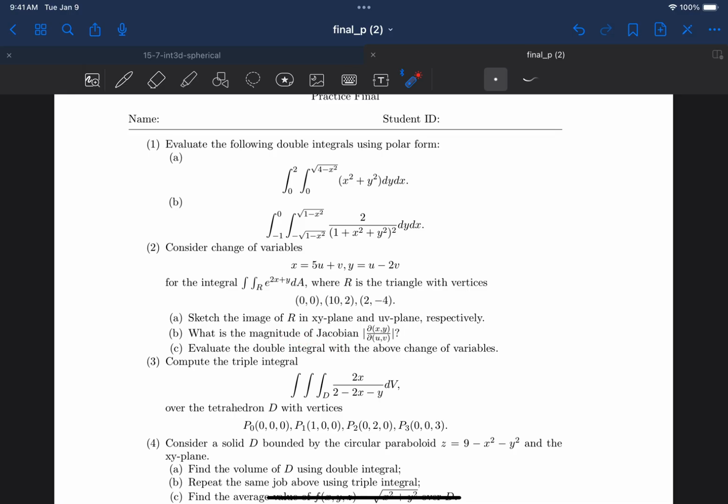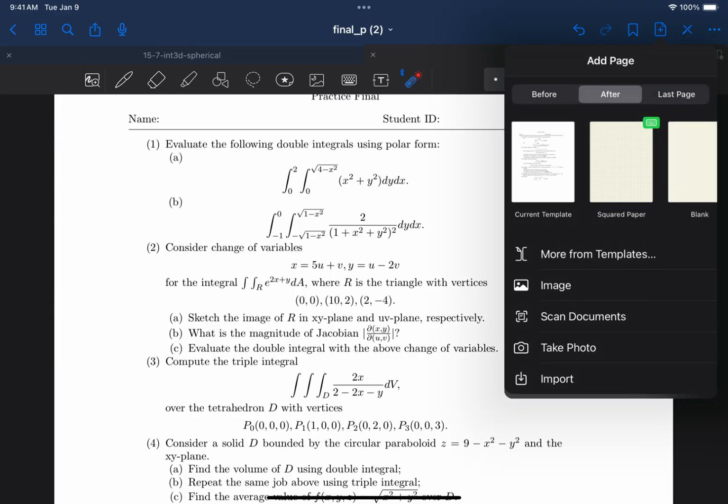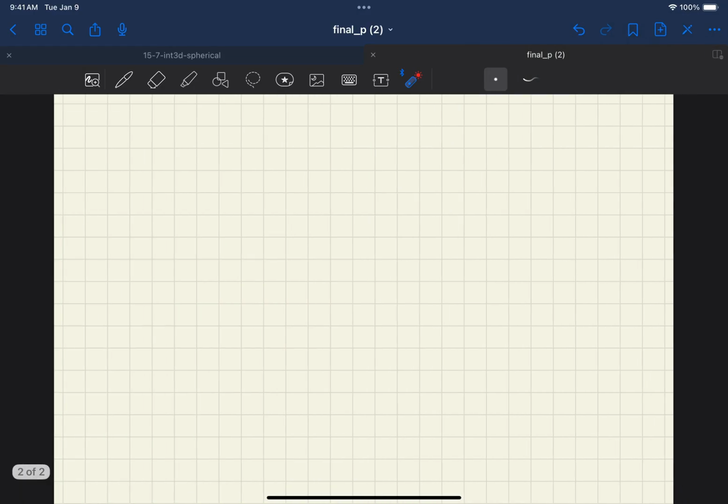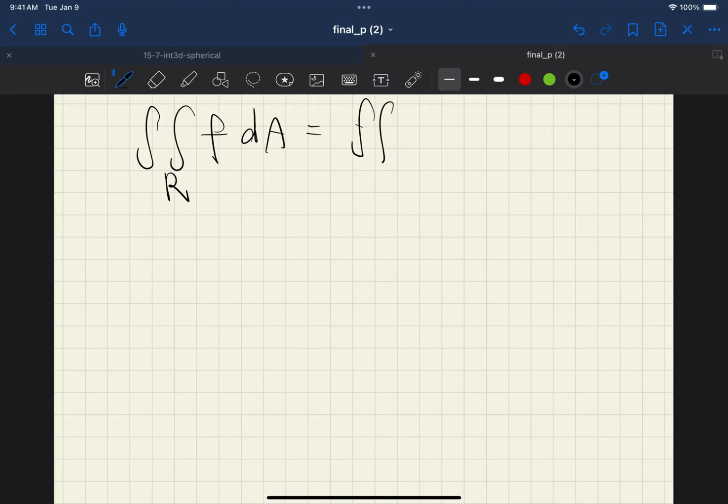So let's first recall the substitution for double integrals. If you have double integral of f dA, we can usually write this dy dx or dx dy. It's fine.